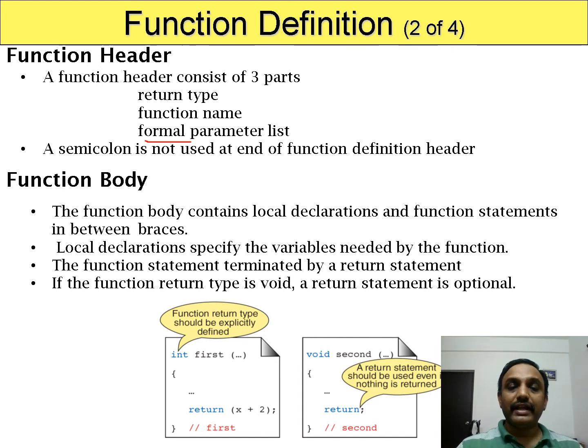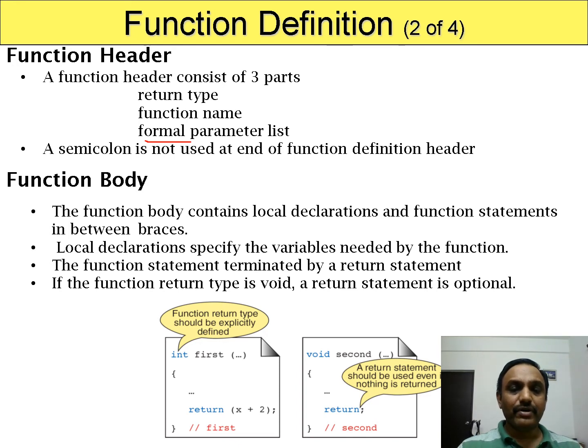The return type specifies what type of data you are returning from the function. If you are returning integer data, you give the return type as int. If the function is returning a floating point value, you give the return type as float. If the function is not returning anything, you give the return type as void.